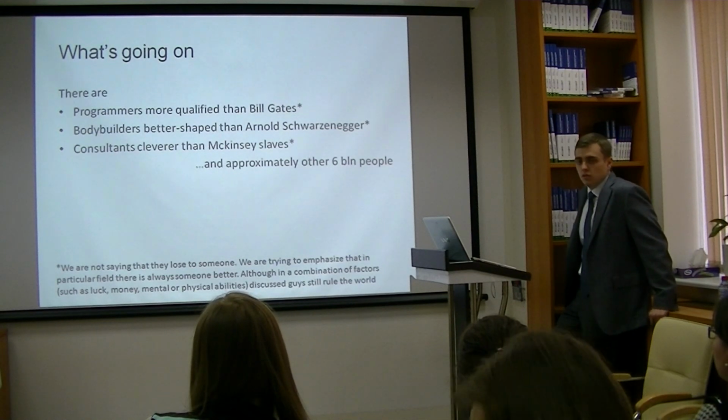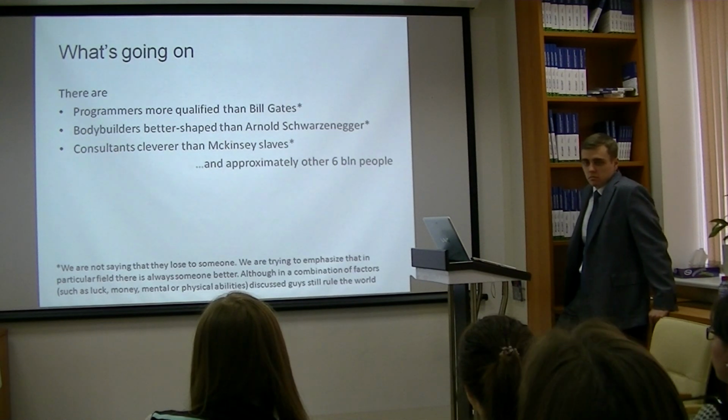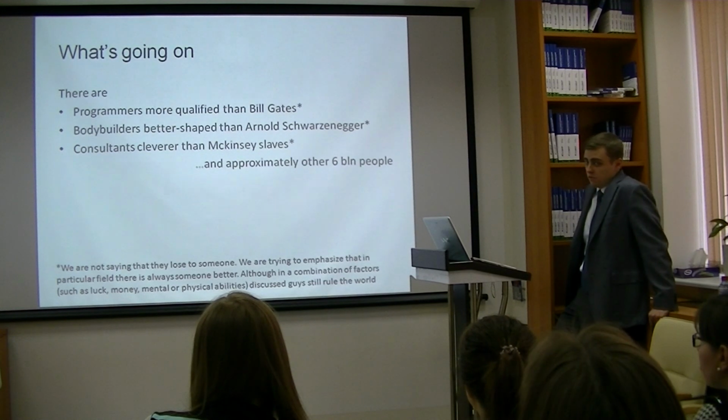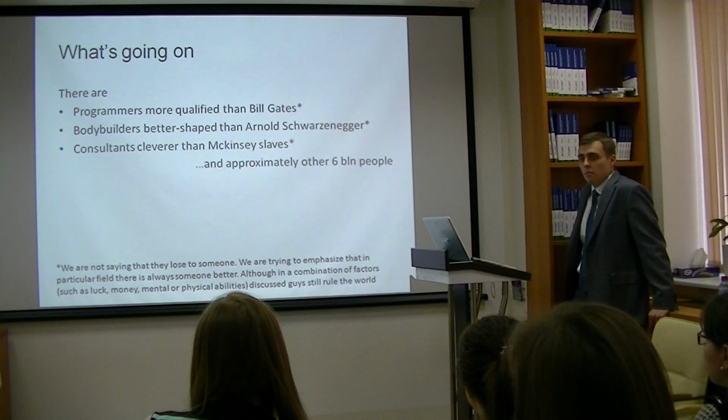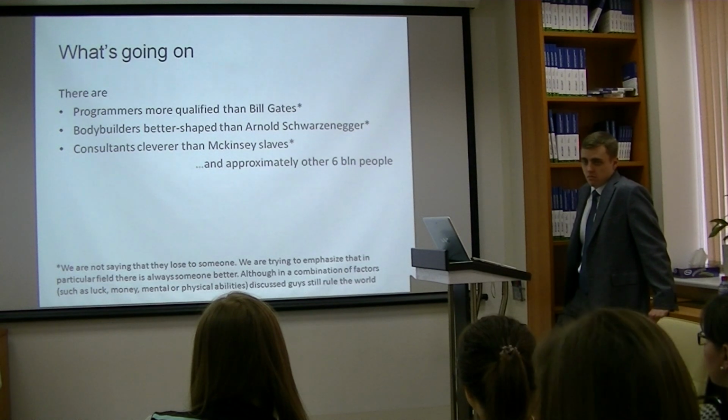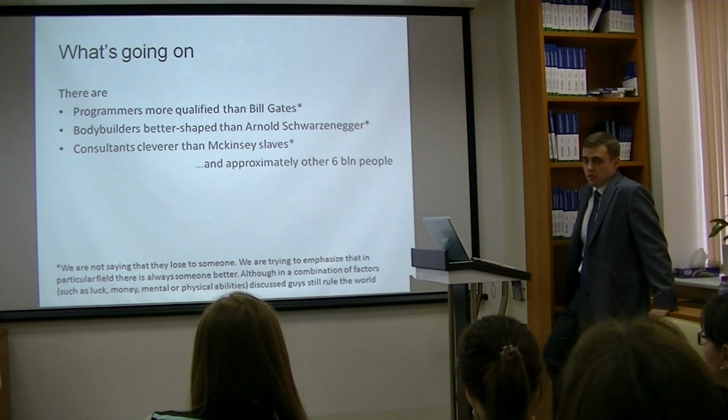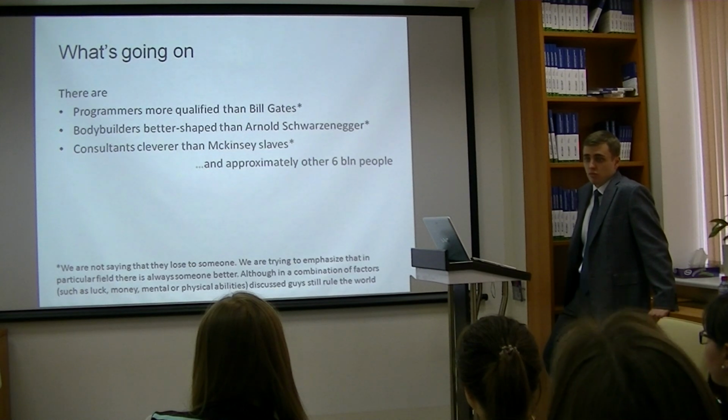What does that mean to us? It means, from my point of view, that there is nothing to be the best at, because there are too many people, too many clever people, too many strong people. No matter what you do, probably you can find one person in the world that is better. Do you agree with it?